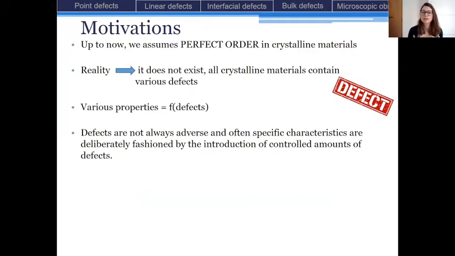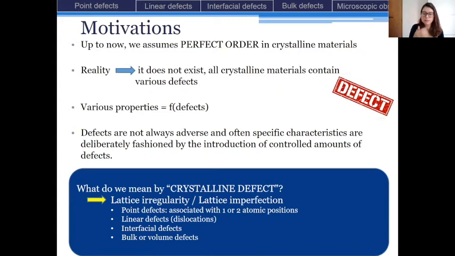And so defects are not always adverse, and often specific characteristics are deliberately fashioned by the introduction of a controlled amount of defects. And so we are going to see the different crystalline defects.